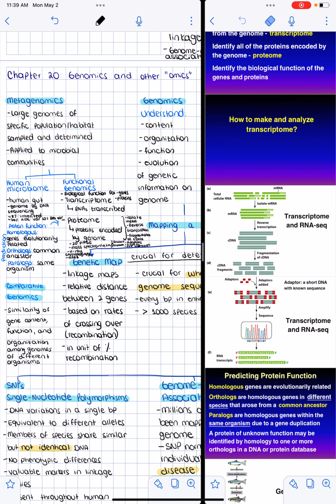For the transcriptome, all the mRNA is extracted from the organism, as we mentioned previously. It's used to make complementary DNA with reverse transcription, and then the transcriptome can be studied.